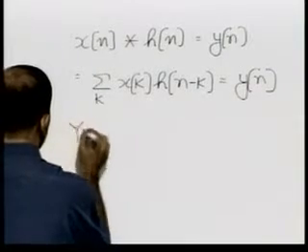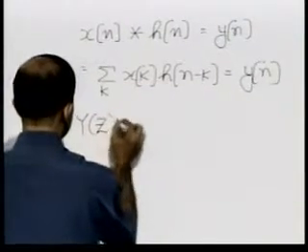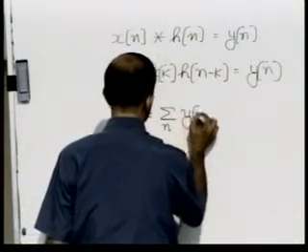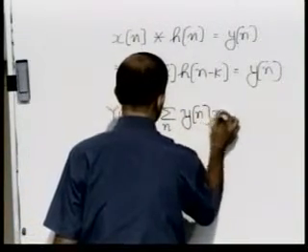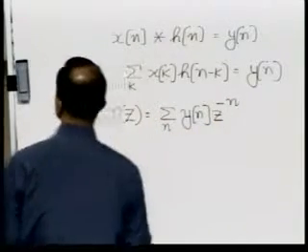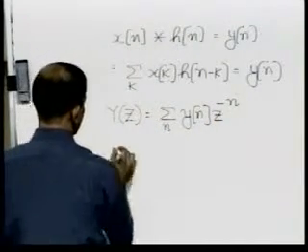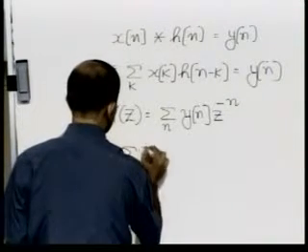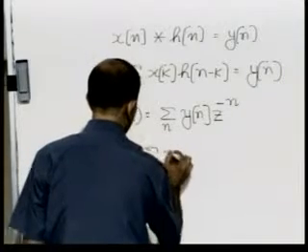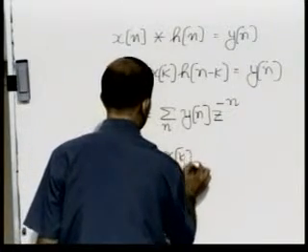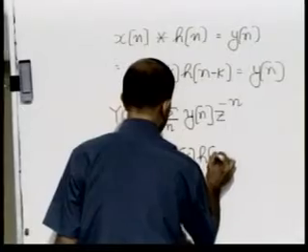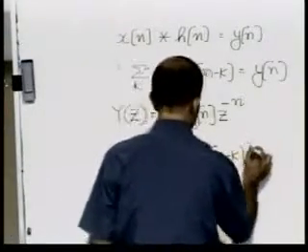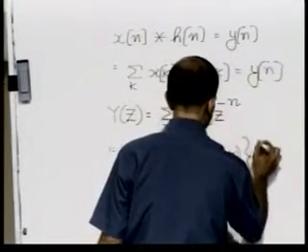So, capital Y of Z is by definition summation on n of y[n] Z raised to the power minus n. Now, this can be rewritten as summation on n, summation on k, x[k] h[n minus k], the whole multiplied by Z raised to the power minus n.